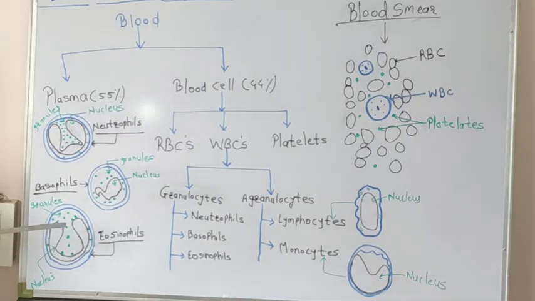And the number of eosinophils gets increased in allergic conditions, and that's why they show the antihistaminic property. Antihistaminic property means they increase their numbers in allergic conditions for fighting or destroying the pathogens.